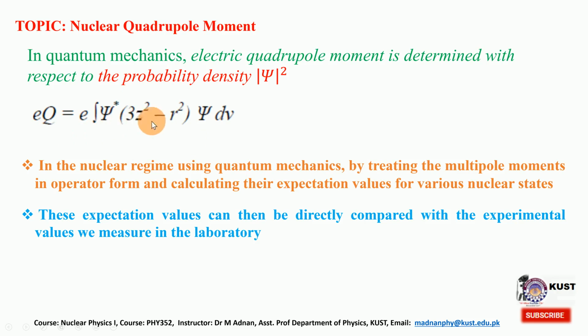But remember, in quantum mechanics, once you have a scalar operator, you can combine psi star and psi, which gives rise to the probability density, psi mod square.